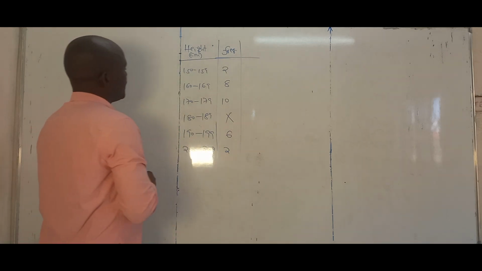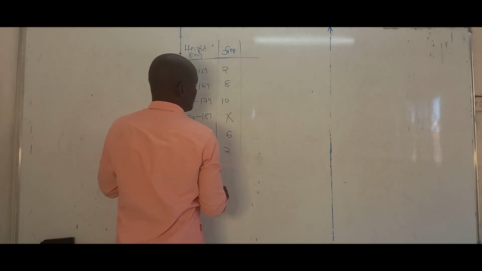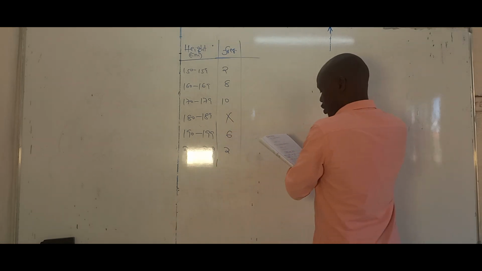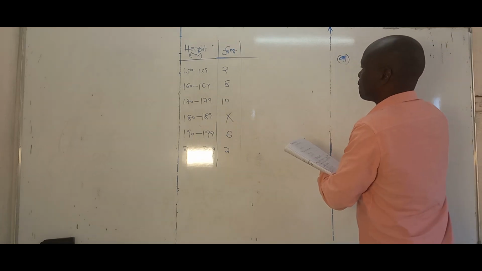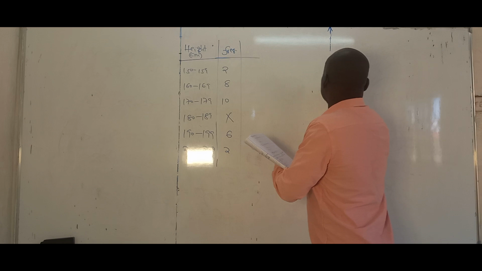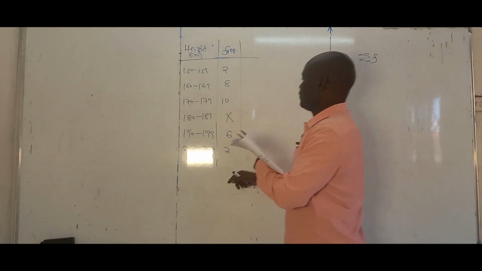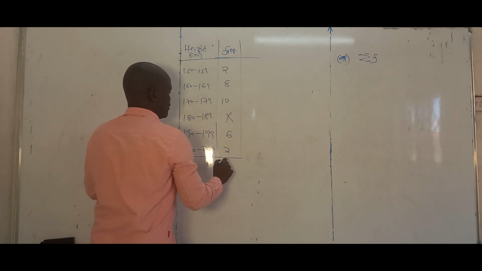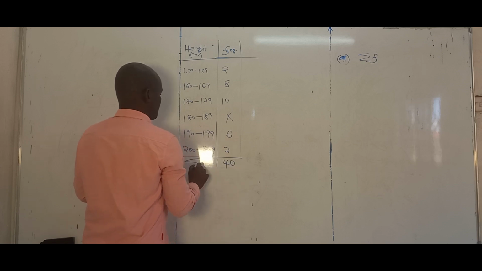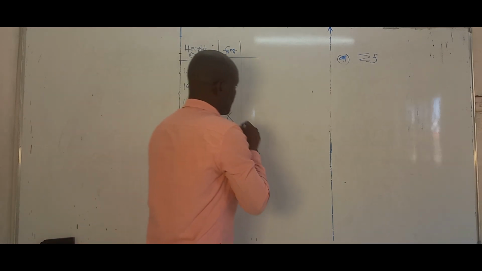So for us to find the value of x, for part A, we will say that the summation of the frequencies, that is adding here, should be 40.